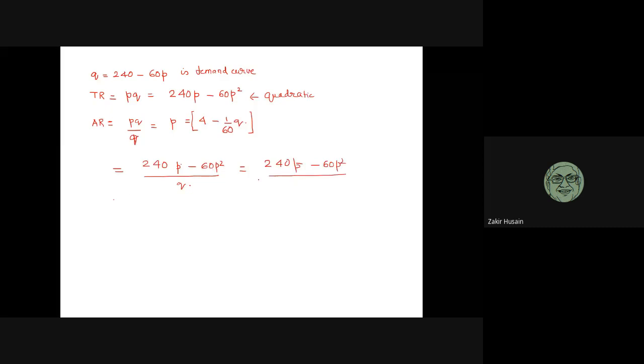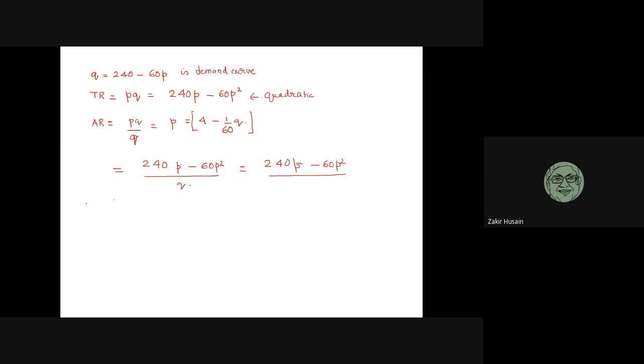It doesn't really help you, but if you go for the Marshallian type, you will find that it is easier to work out. But the answer will be the same. It will be 4 minus 1 by 60 q. You are going to get the demand curve. So average revenue and demand curve is the same. Okay. And marginal revenue, I'm not interested.